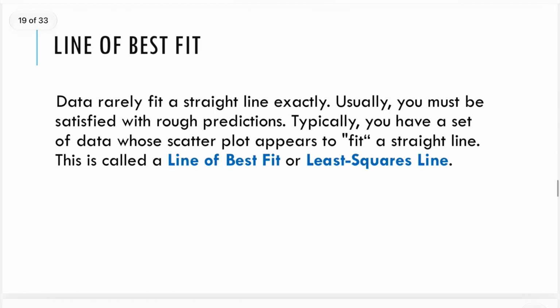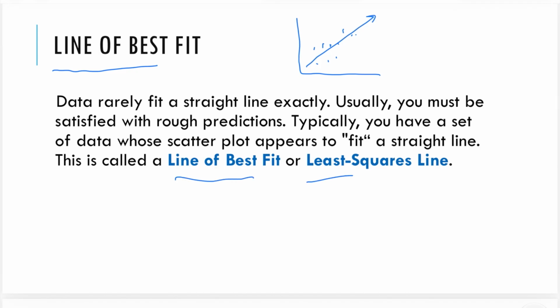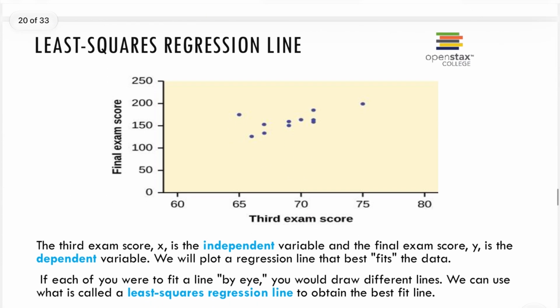Now, the line of best fit is that line in our linear regression. It's the line of best fit or the least squares line. You might have learned that term, least squares. That line best fits between those scatter plots. So again, here we have y, x, the third exam score, and an indication on the final.